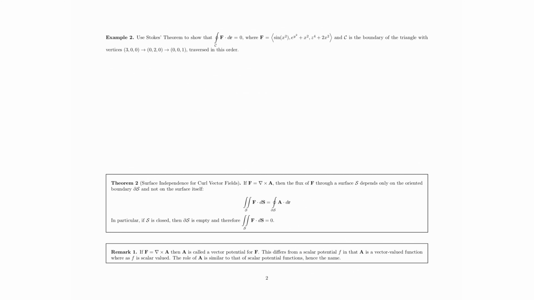So they're giving us a path in 3 dimensions. So we've got (3, 0, 0) to (0, 2, 0), and then up to (0, 0, 1), and then back to (3, 0, 0).